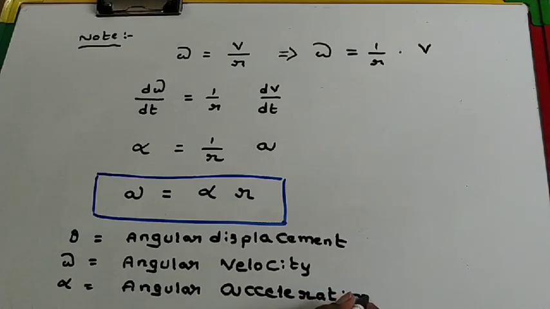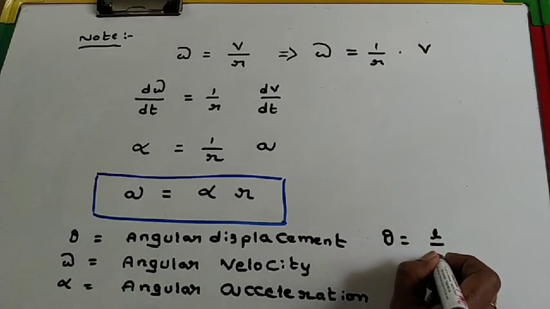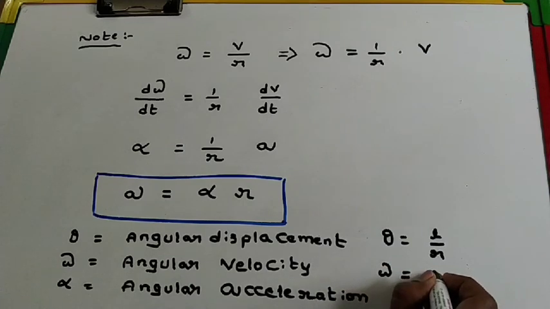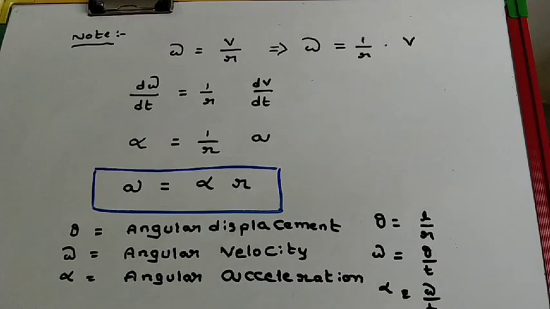Theta is L by R, omega is theta by T, and alpha is omega by T. Once again I am repeating the point: theta is angular displacement, theta is equal to L by R; omega is angular velocity, omega is equal to theta by T; alpha is angular acceleration, alpha is equal to omega by T.